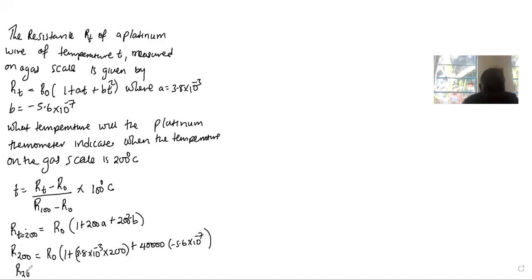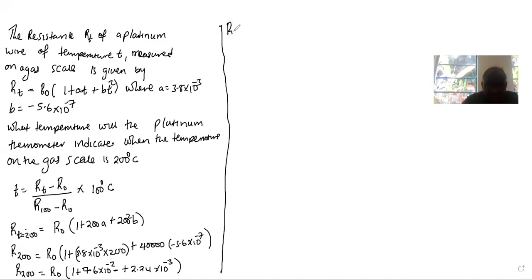Therefore, the resistance at 200 would be R naught into brackets 1 plus 200 times 3.8, you get 7.6, so 7.6 times 10 to the power negative 2 plus, now this is a minus, 4 times 5.6, you get 2.24 times 10 to the power negative 3. When you confirm with the calculator, those must be the answers.